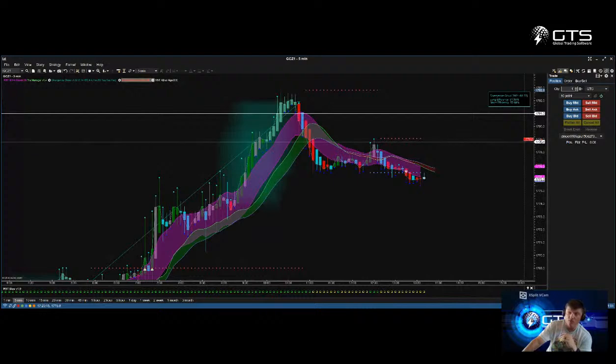Or you could have been a little more aggressive and gone, okay, we still have this green divergence cloud in the background showing that it's still a bullish movement, right? And then you could have got up here to 781. Or you could just be ridiculously risky and go up here to 782, right? But you didn't know that was coming, right?